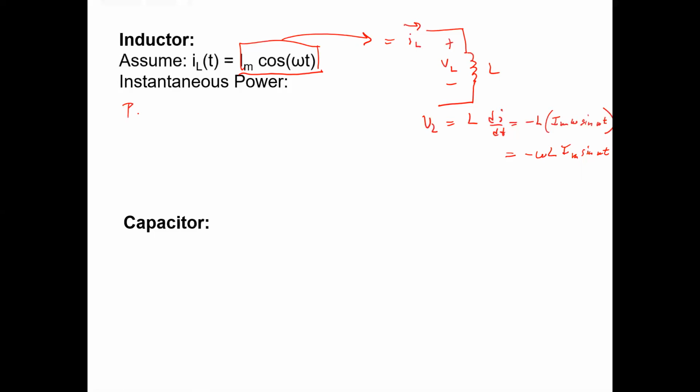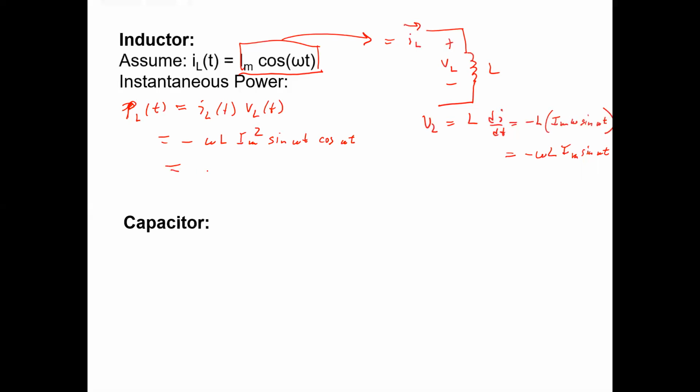So the power for the inductor, and again, this is the instantaneous power, is going to equal IL of t times VL of t. And that's going to equal minus omega L Im squared sine omega t cosine omega t, the product of those two, the voltage and current.